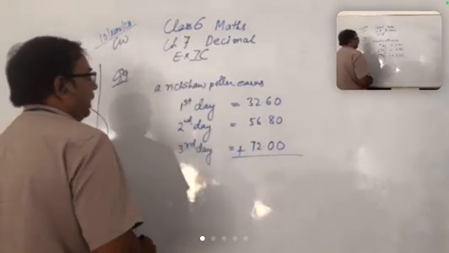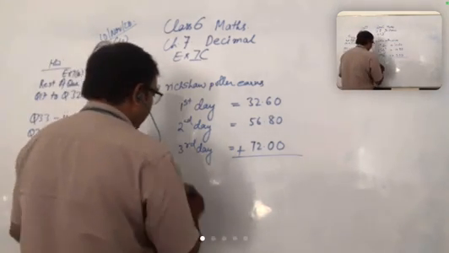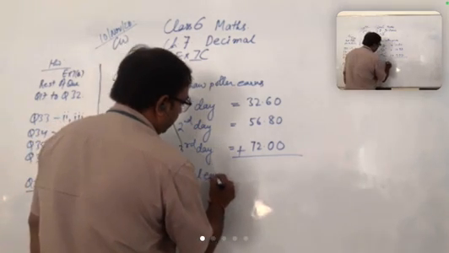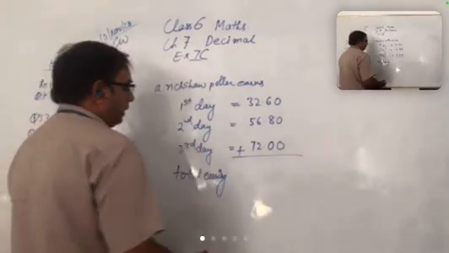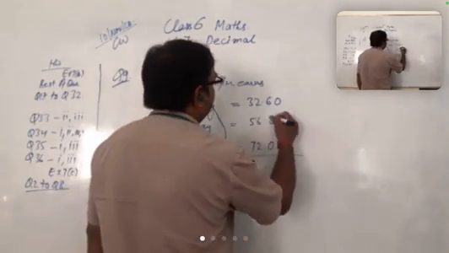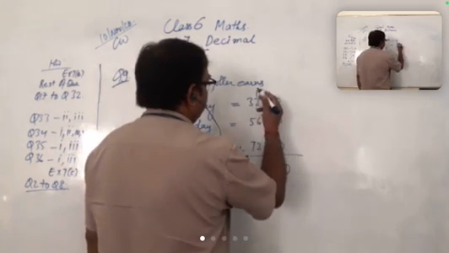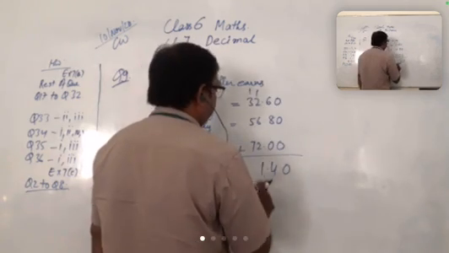Now we have to add because we have to find the total earning of 3 consecutive days. Total earning. So we just add these numbers. So 0, this is 14, 1 carry, 6 plus 4 is 10 plus 1, 11, 1 carry.